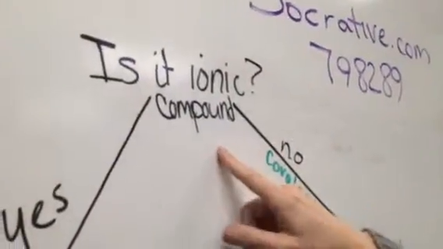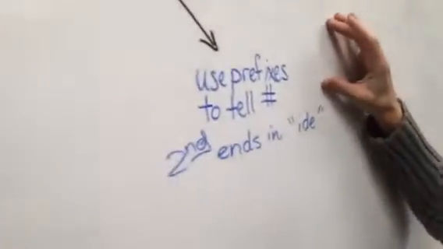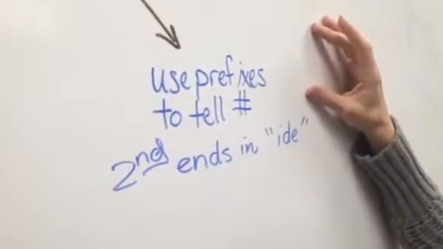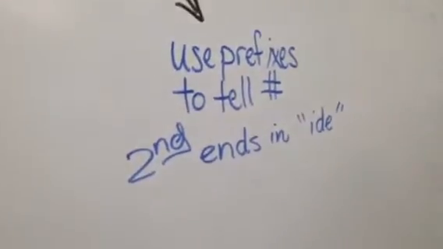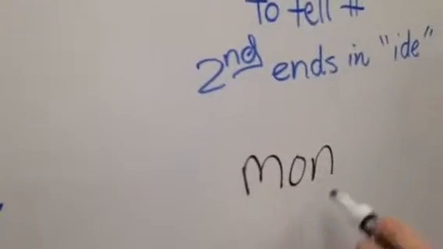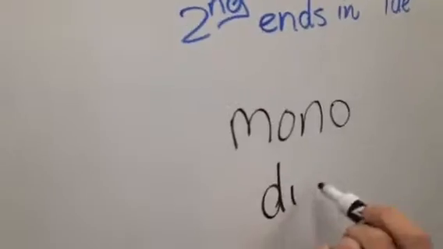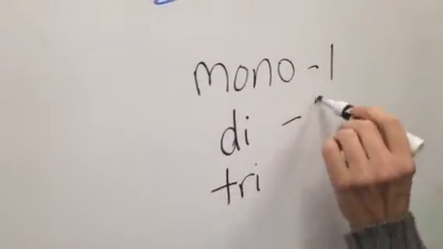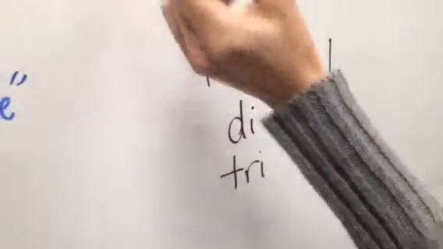Okay. If it's covalent, so if the answer to the ionic is no, it's covalent, then you have to give me the number in the name. You don't have to if it's ionic. So if it's covalent, you have to use mono, di, tri, and this is all in her notes. Okay. But this is telling me the number of atoms.